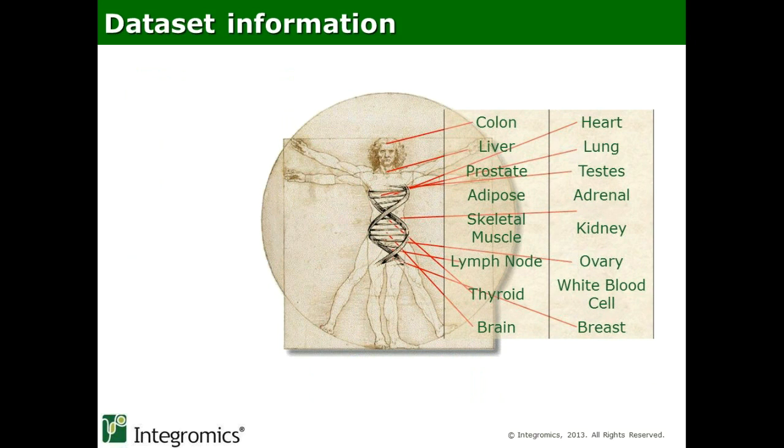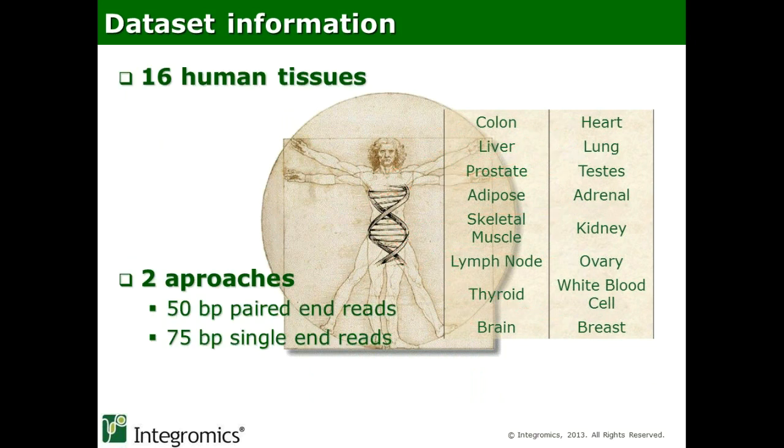Once we have this, we will start by loading this into OmicsOffice, and we will perform a set of comparisons between some of the different tissues, and also we will perform a comparison between the reads that have been generated using 50 base pairs and 75 base pairs.